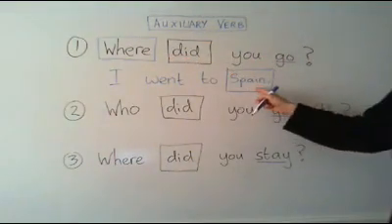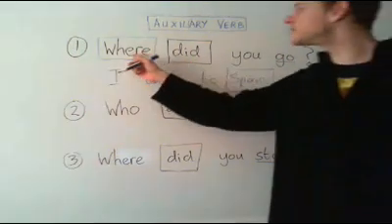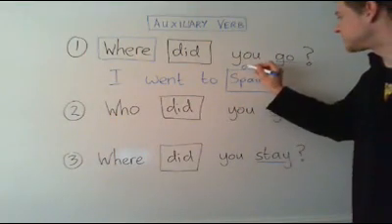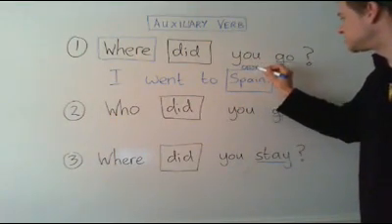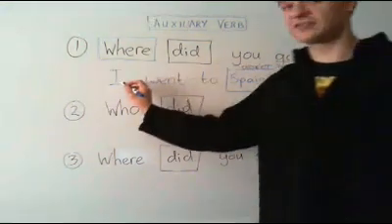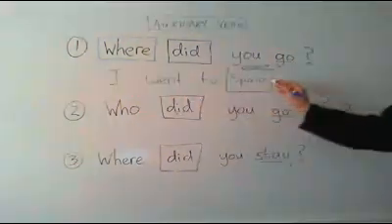Where is Spain? Where did you go? I went to Spain. So the question word is the object. In English, we call this the object. It is not the subject. The subject is I. I went to Spain.